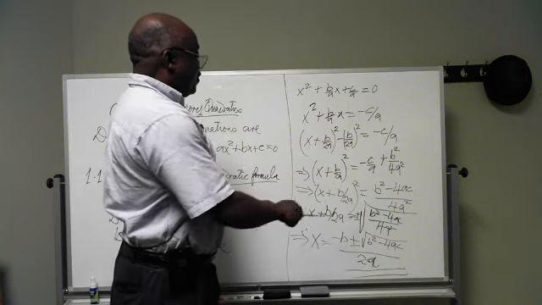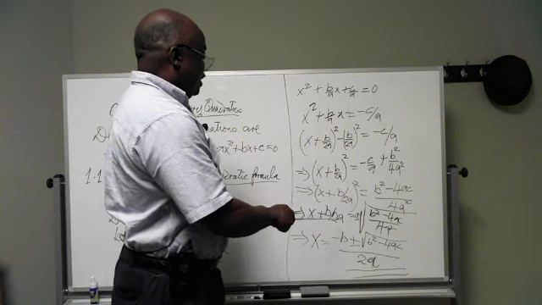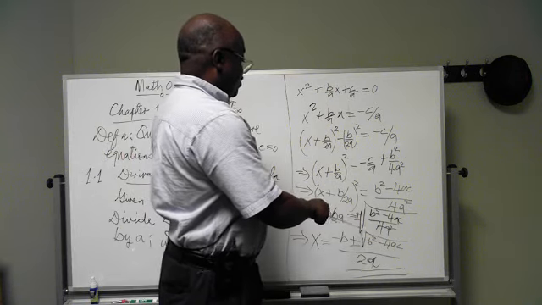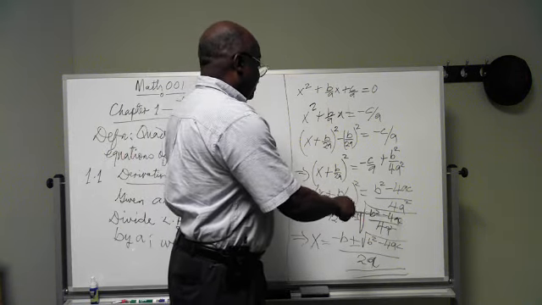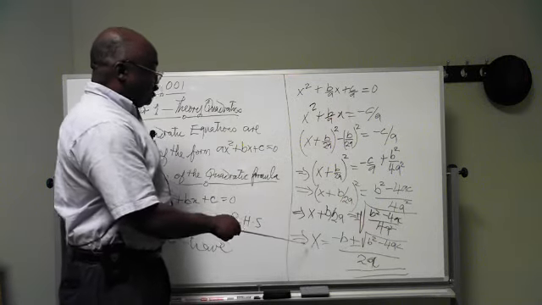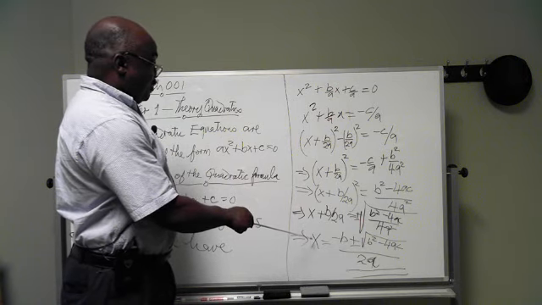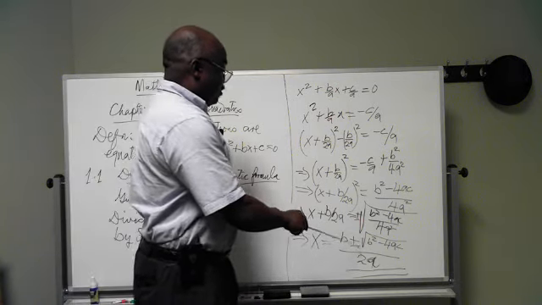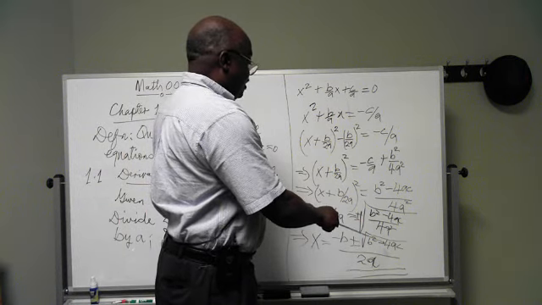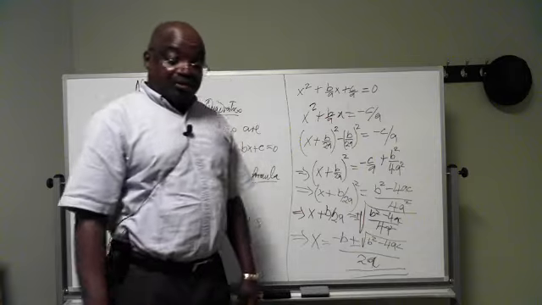If we take the square root of both sides of the equation, we have x plus b over 2a equals plus or minus the square root of b squared minus 4ac over 4a squared. And the resulting equation will be x equals minus b plus or minus the square root of b squared minus 4ac over 2a, and the proof is complete.